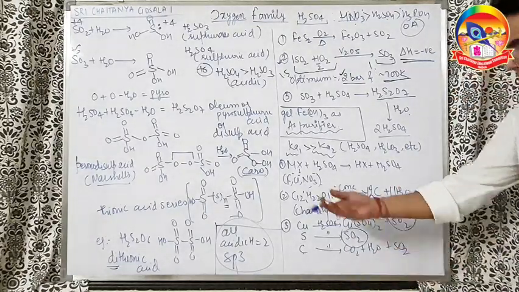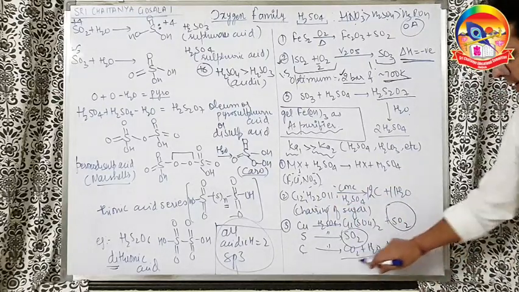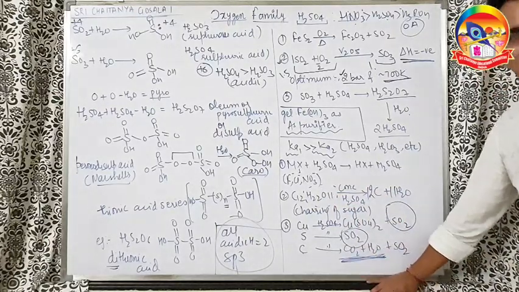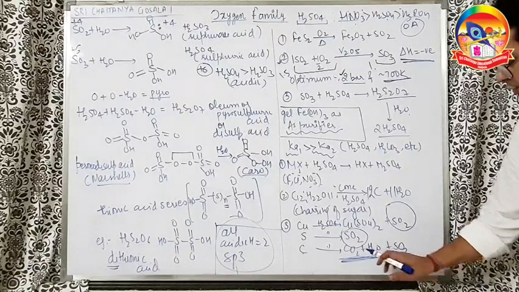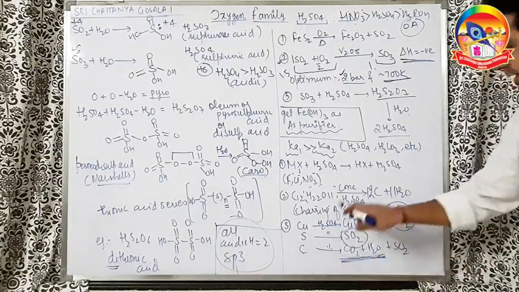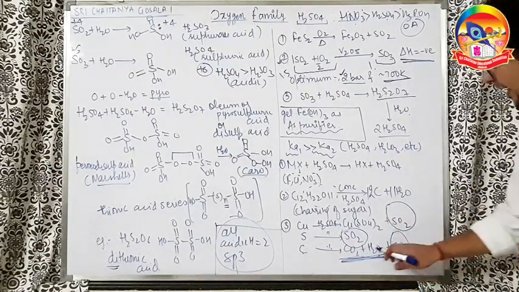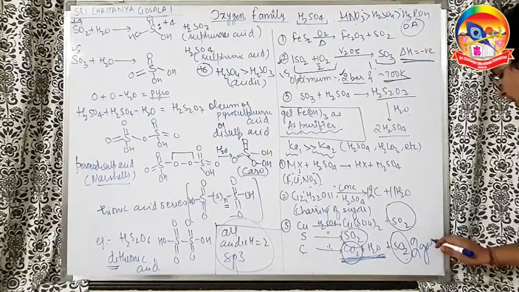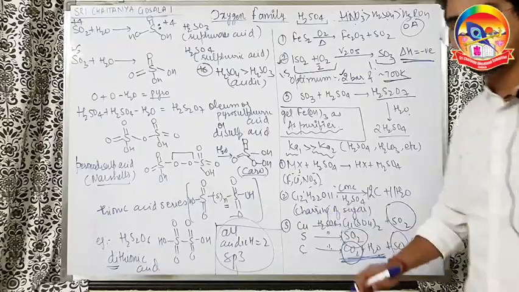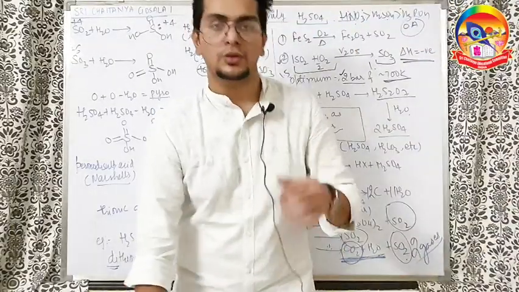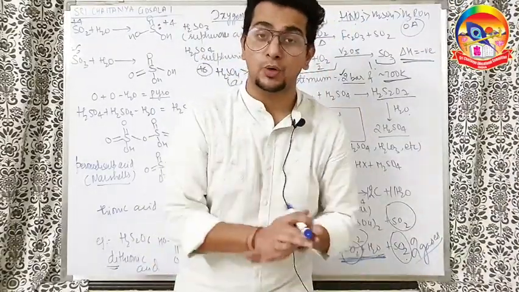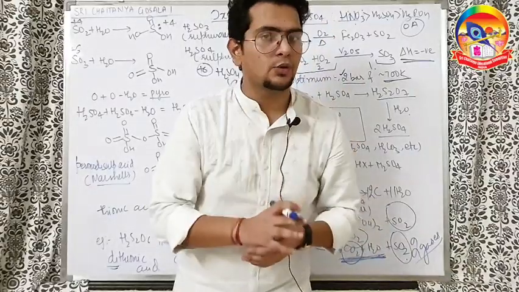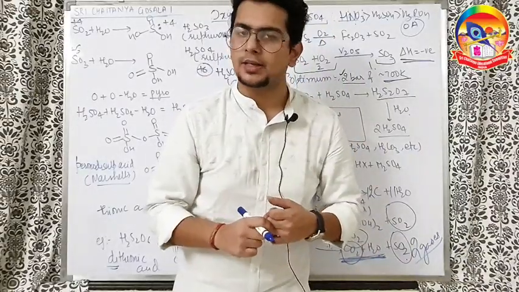Whereas carbon on oxidation forms H2CO3, and because H2CO3, as I have said multiple times, is unstable, it will break to form H2O plus CO2, and sulfuric acid itself will form SO2. So two gaseous products come out in this reaction. If they ask you in which of the following reactions two gaseous products are released, carbon with H2SO4 releases two gaseous products, just like carbon with HNO3, where NO2 and CO2 came out.